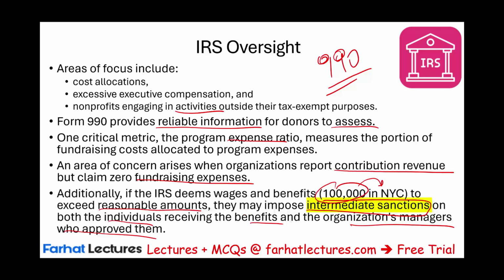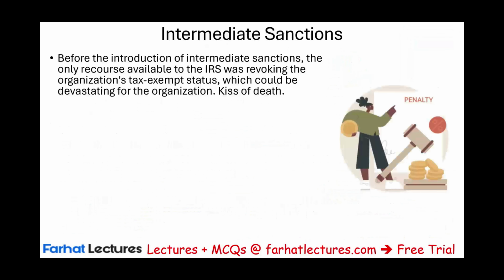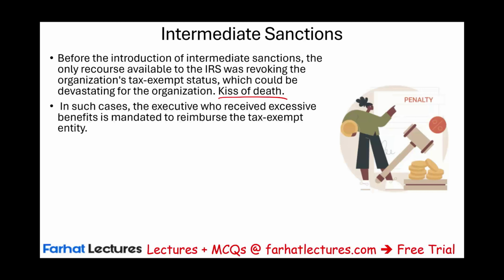Before the intermediate sanctions were introduced, if the IRS found it too much, they would simply revoke your tax-exempt status, which is basically the kiss of death for the organization, because the reason people contribute money is because they can get a tax deduction. So the executives who receive this excessive benefit are first mandated to pay back the money.